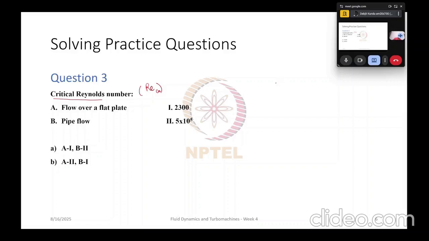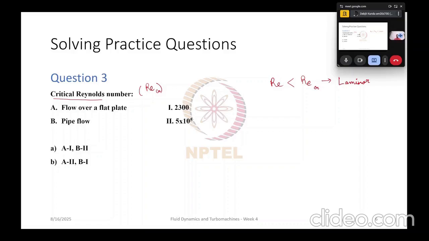It means that if your Reynolds number is less than Reynolds critical, then it always has to be a laminar flow. So whatever disturbances are introduced in that flow, they die down with time. They do not grow or sustain.